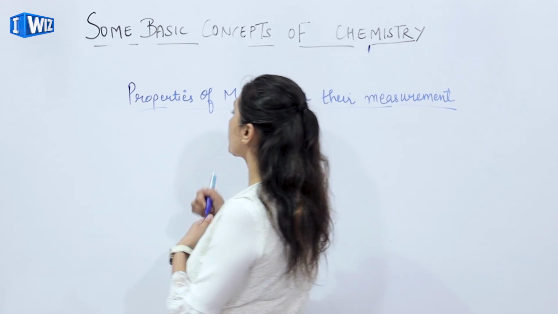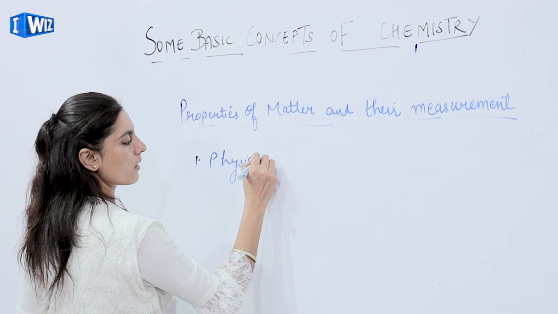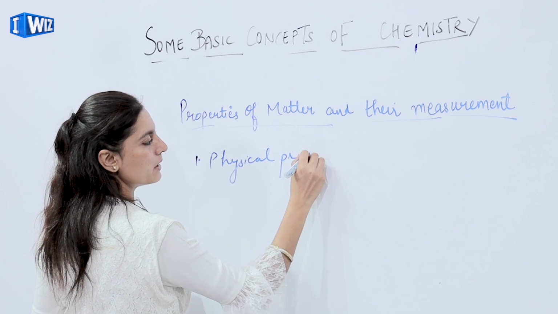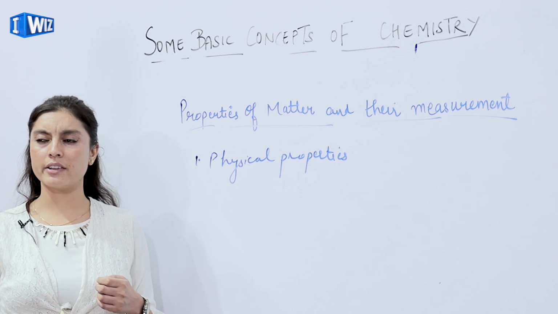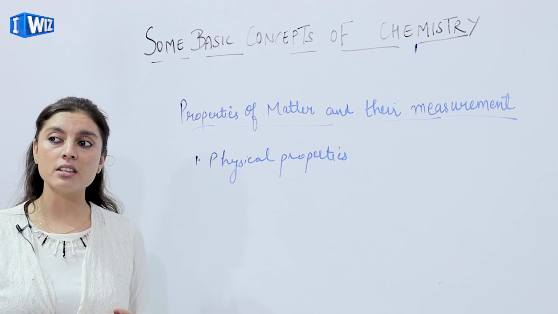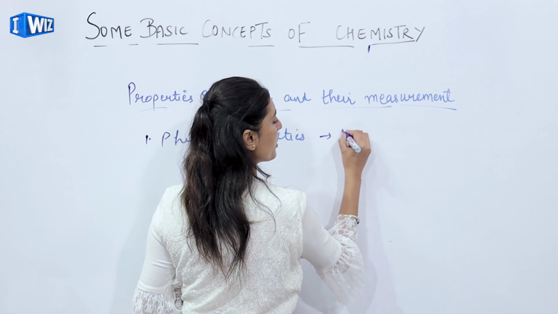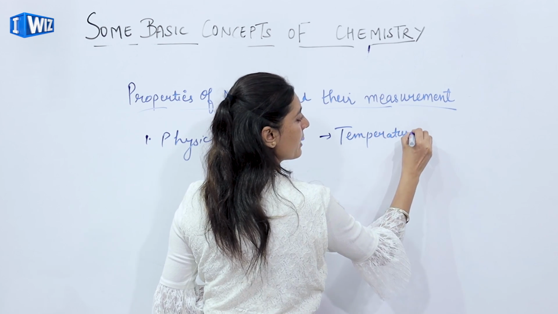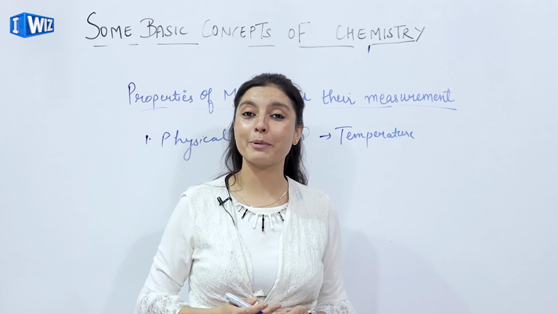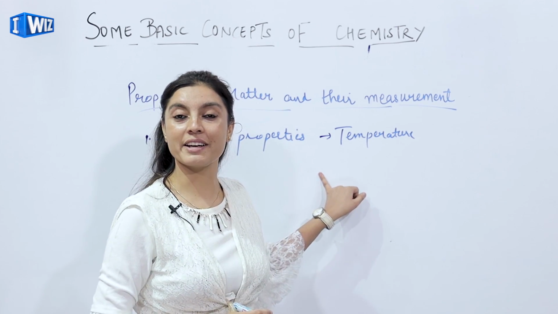When I talk about physical properties, these are on the basis of the structure, and I need not know what chemical changes are occurring behind it. The very first thing, let's talk about temperature. When the temperature gets higher, we get to know because of the perspiration, which lets us know that yes, the temperature is too high now.